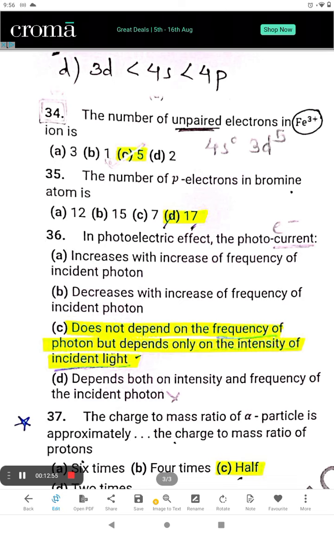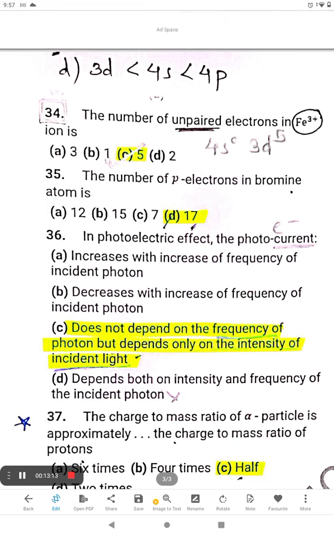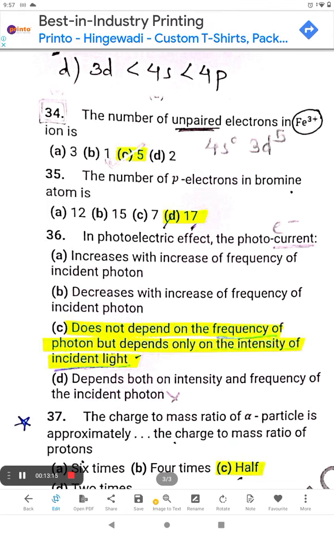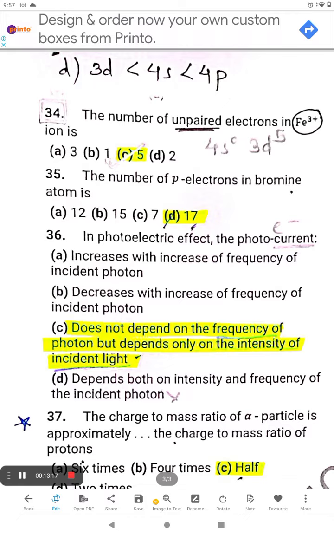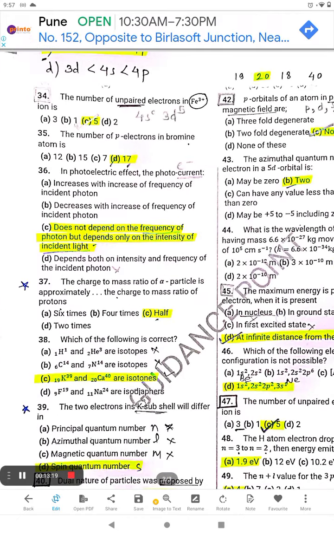So it will become 4s0, 3d5. So the electronic configuration of the Fe3+ ion will be 4s0, 3d5. And so the number of unpaired electrons in Fe3+ is 5. Actually it must be 7, but unpaired electrons is asked in the valence shell, I guess. So the answer is 5.